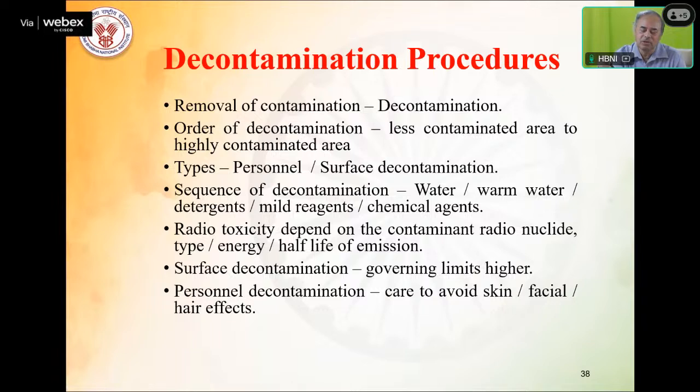They are unique in their character, so toxicity depends upon that contaminant. Surface decontamination governing limits are higher. In personal decontamination, care must be taken to avoid harm to skin, face, and hair. Basically, you have to be careful about the person getting harmed on skin, face, or hair.